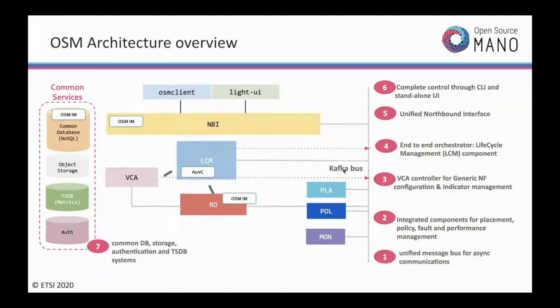So that response can be read back by the NBI and delivered to the client. So that's an asynchronous message where components are not waiting for each other. They just leave a message and expect the other ones to react.